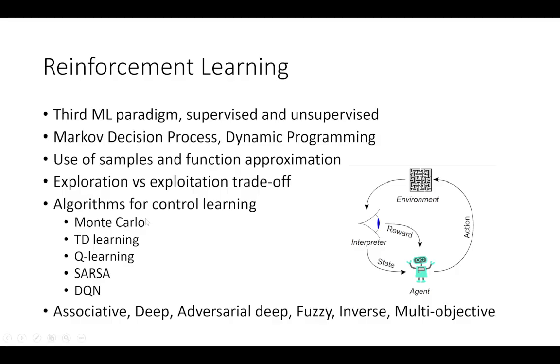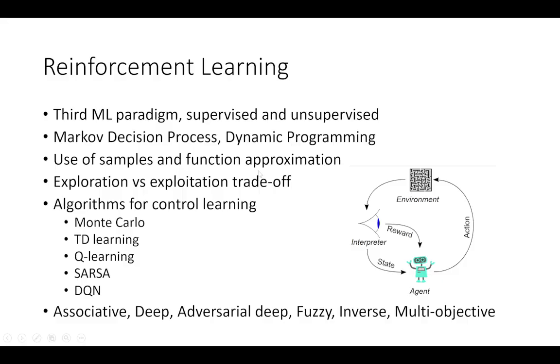Now, what are the algorithms here? This is sort of a control learning that this agent is doing in the environment. There are sophisticated algorithms. I'll just name a few. There is Monte Carlo, TD learning, Q learning, SARSA, DQN. I'm not going to go into all the details, but what I'm trying to say is that this trial and error, as I described, has a lot of theory behind it, like Markov decision processes and dynamic programming.